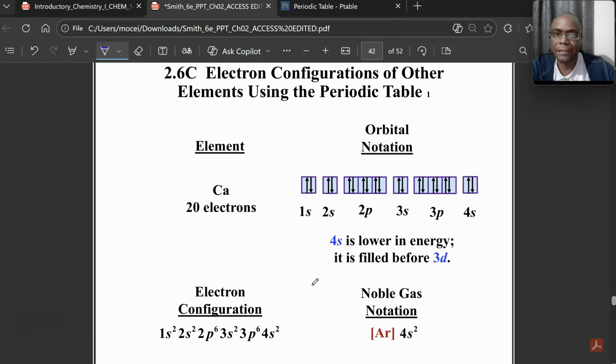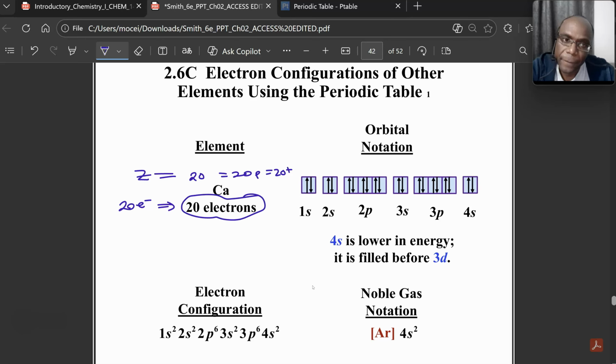Now let's look at calcium. Calcium has atomic number Z equals 20, meaning it has 20 protons, meaning it has 20 positives. So to get the 20 negatives, you need 20 electrons right there. And the electronic configuration, this is an orbital notation, filling it up: 1s before 2s, 2s before 2p, 2p before 3s, 3s before 3p, 3p not to 3d, you fill up the 4s first.